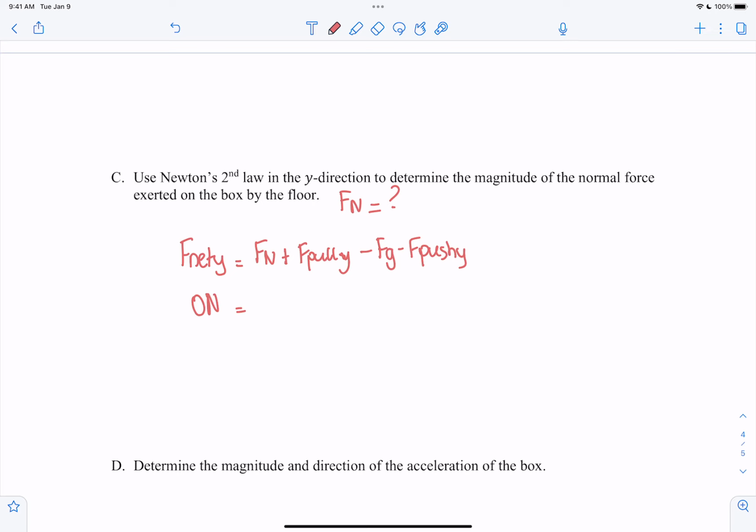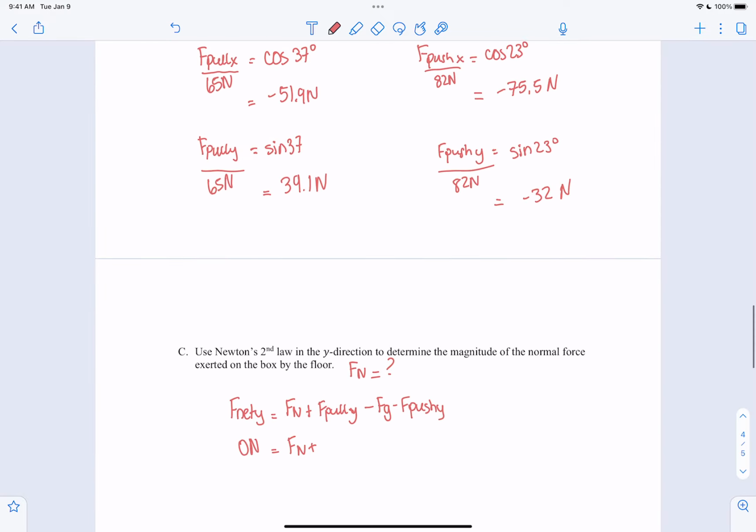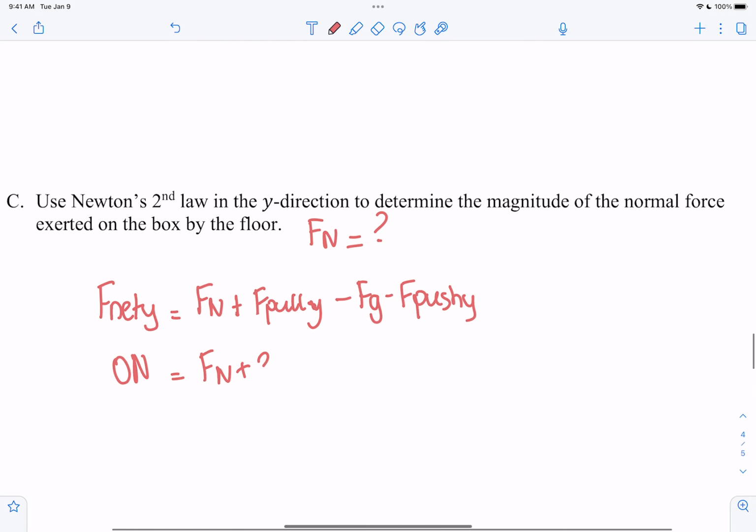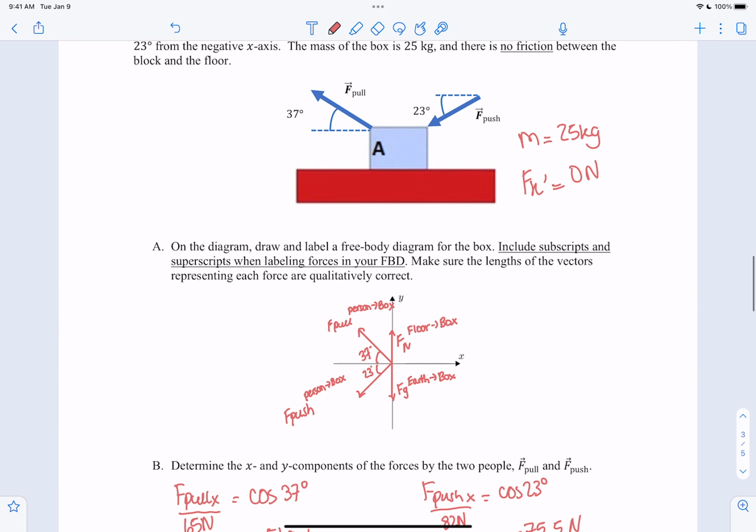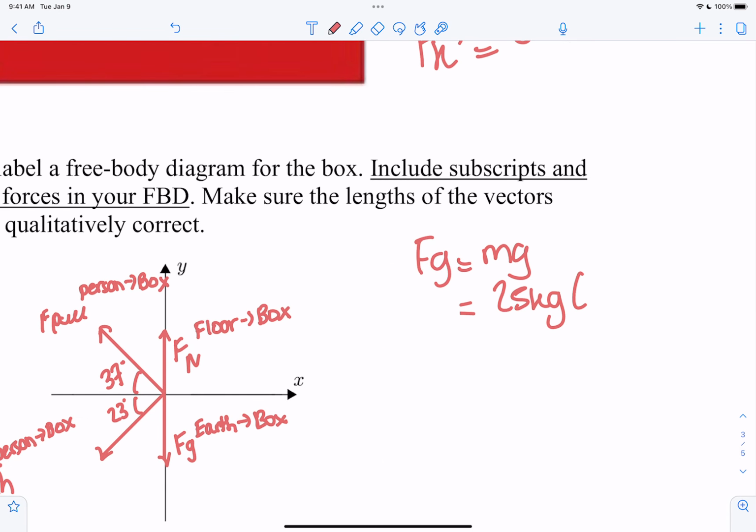So we have Fn, F pull y, we already figured that out. That was 39.1 newtons, minus Fg. We know that the box is 25 kilograms, so we can figure that out. Fg is equal to mg. That's 25 kilograms, and since I'm going to be plugging in the magnitude, I don't have to put in negative 10 meters per second squared.